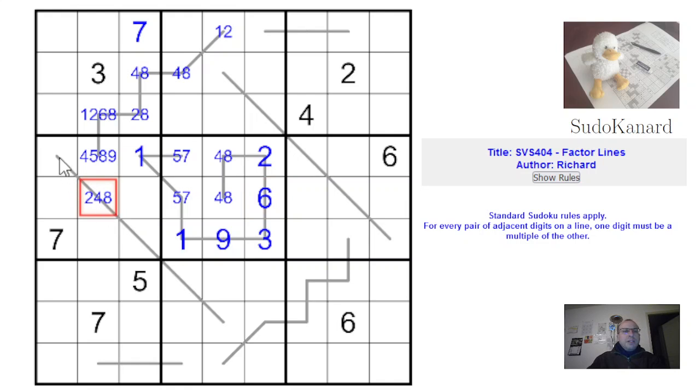8 would be surrounded by 4 and 2, which seems to work. 4 would be surrounded by 8 and 2, which seems to work. And 2 would have here 4 or 8, and there any even digit.